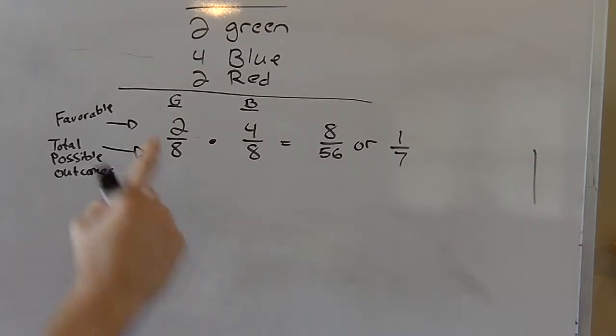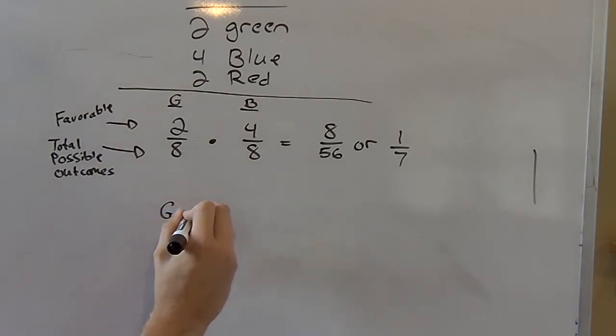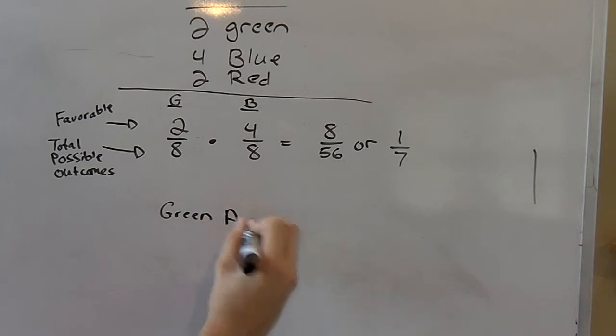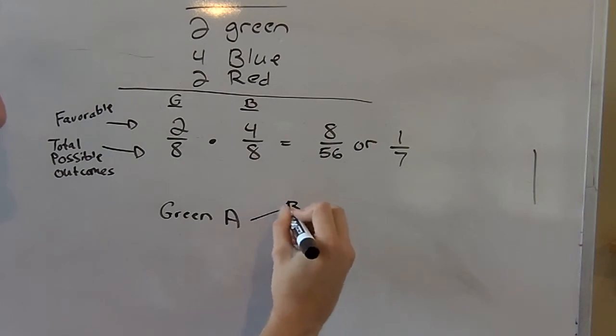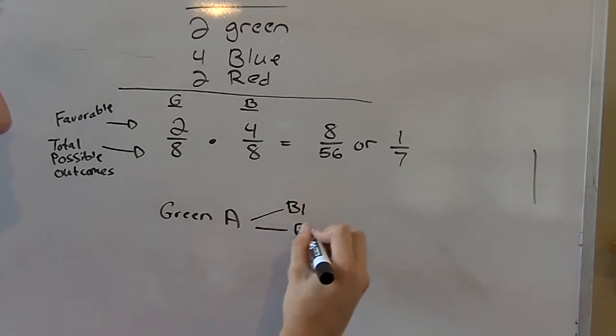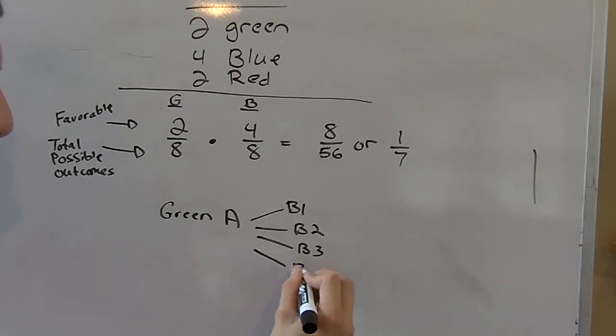Like I said, I could get green marble A, and I could then match that up with blue 1, blue 2, blue 3, or blue 4.